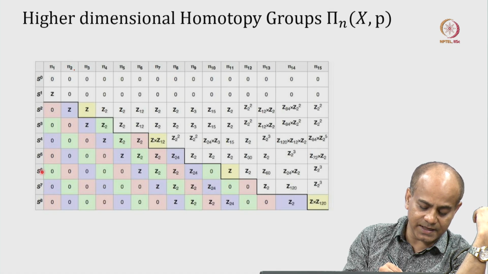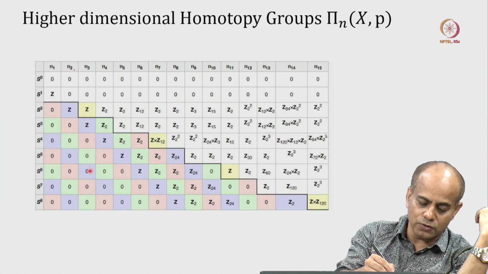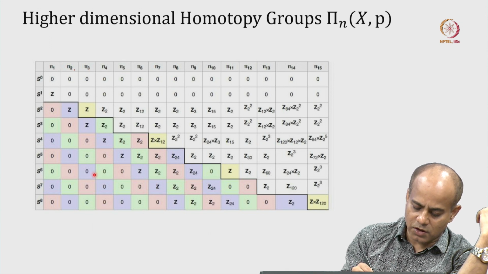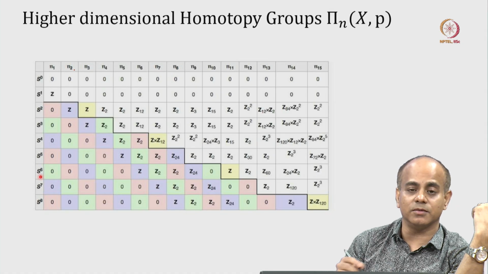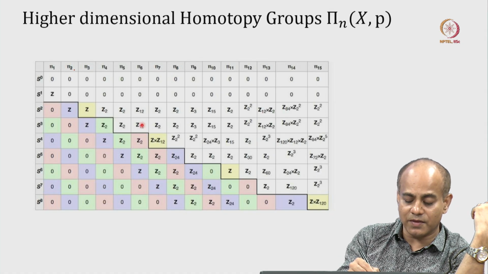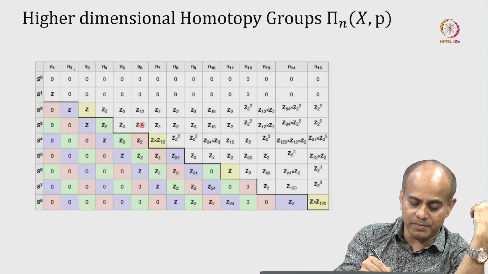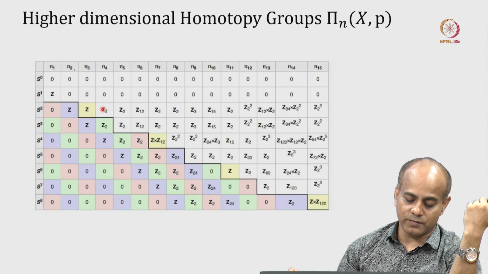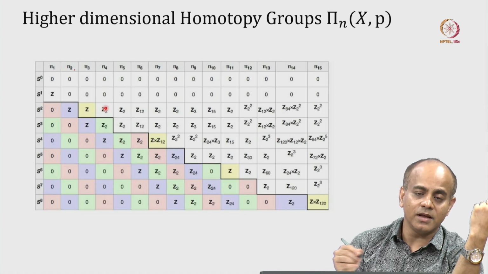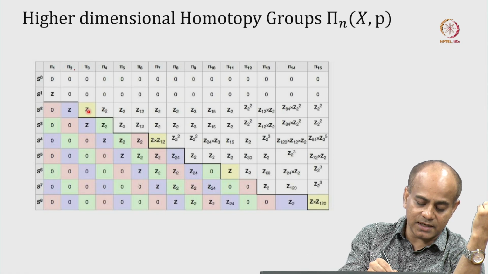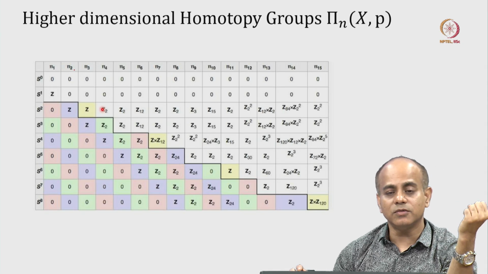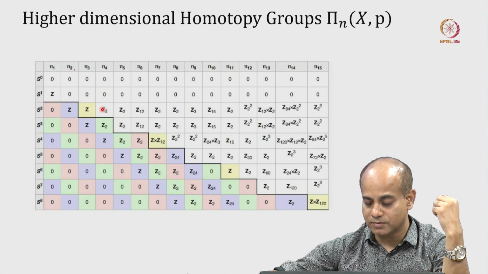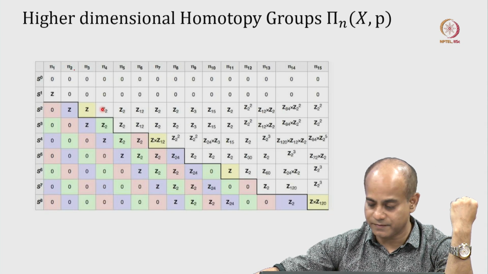So if I have S6 and I do pi 3, pi 4, pi 5, all of them will be 0, and only pi 6 on S6 will be Z. And if you go in the other directions, it becomes more complicated, and we will see that through symmetry. For example, time reversal symmetry, how that allows you Z2, Z2 and so on. We will see that not in this chapter, but in the future.